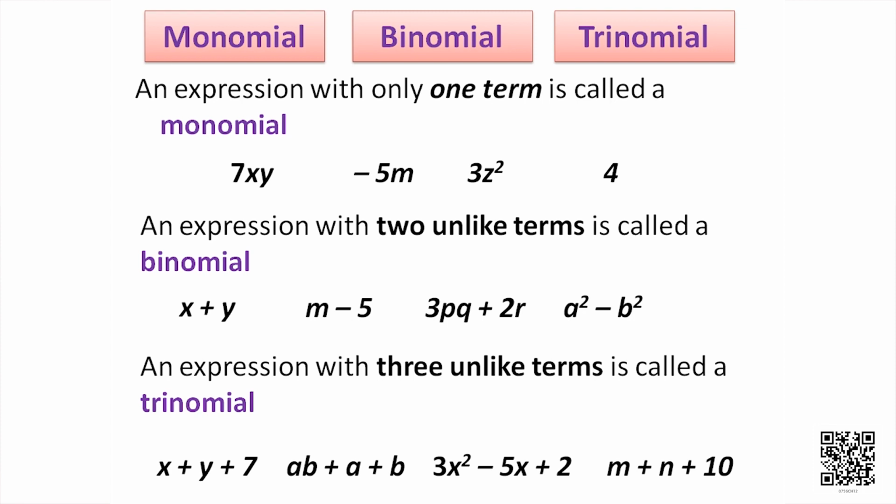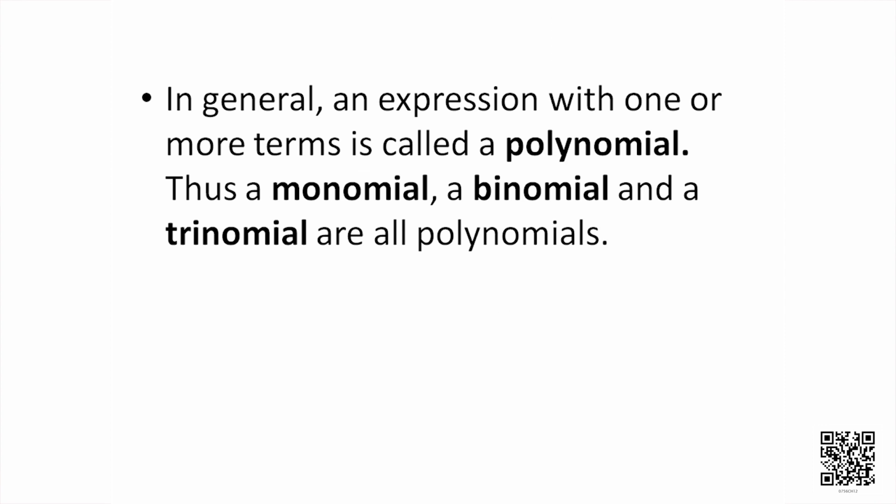So, an expression with three unlike terms is called a trinomial, right. So, we have seen what a monomial, a binomial and a trinomial are. In general, an expression with one or more terms is called a polynomial. Thus, a monomial, a binomial and a trinomial are all polynomials. They are of the family of polynomials.